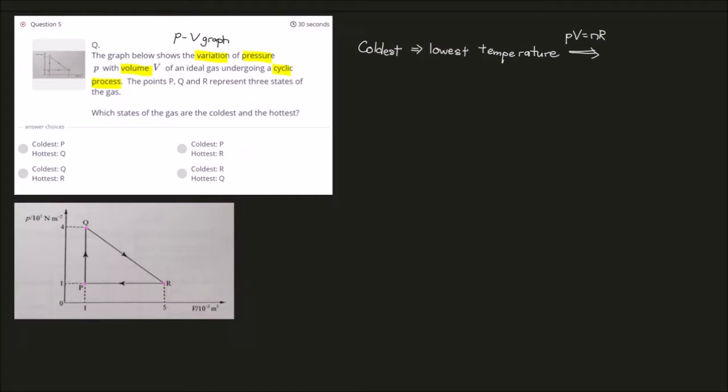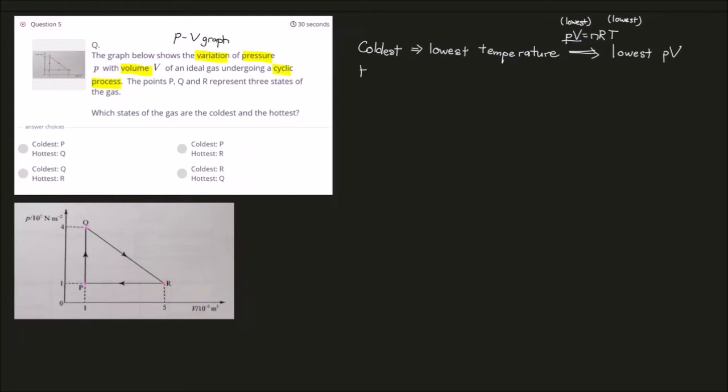If it's a sealed container with gas, then n should be constant, and R is a constant. So if you want T to be the lowest, then your PV will have to be the lowest as well, because nR is a constant. So that's for the coldest gas.